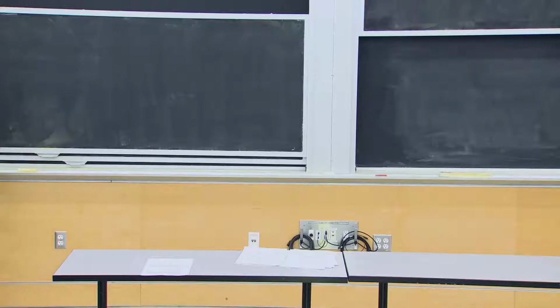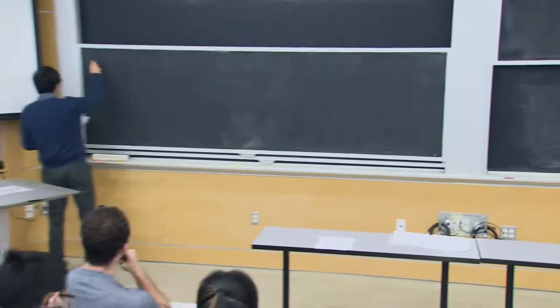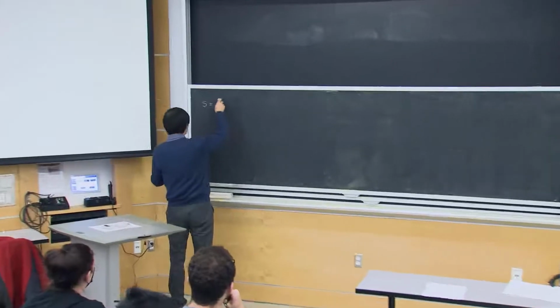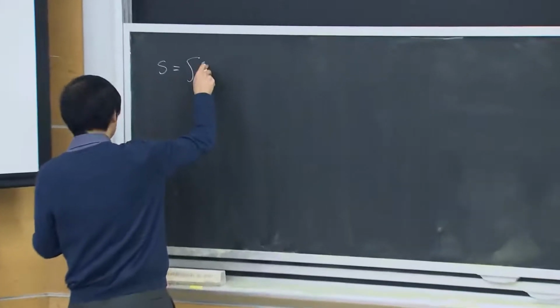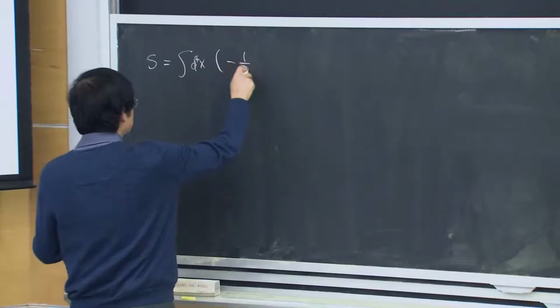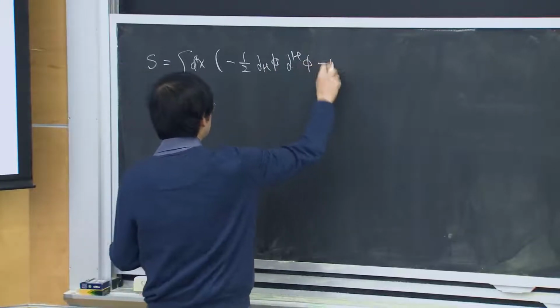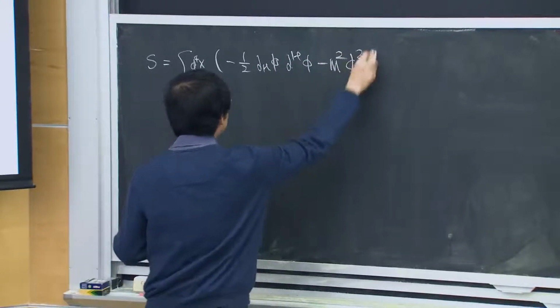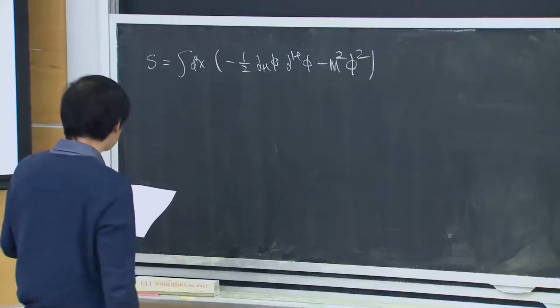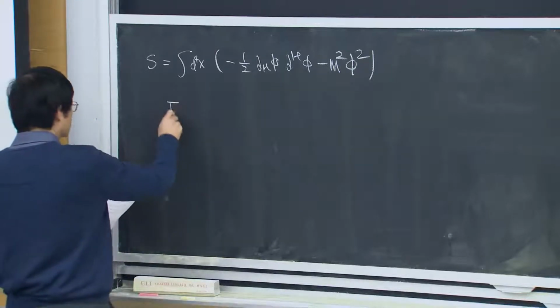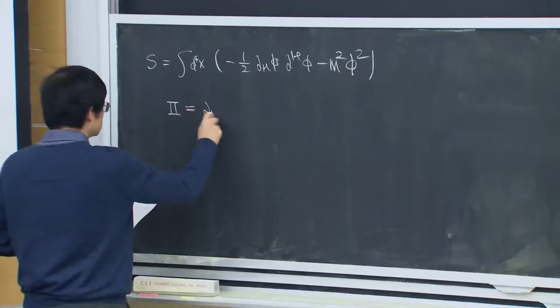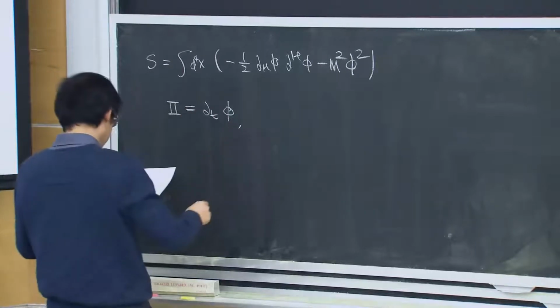So last time we quantized this theory. Let me write down the theory again. Okay, so we quantized this theory, and let me also write down its canonical momentum density.